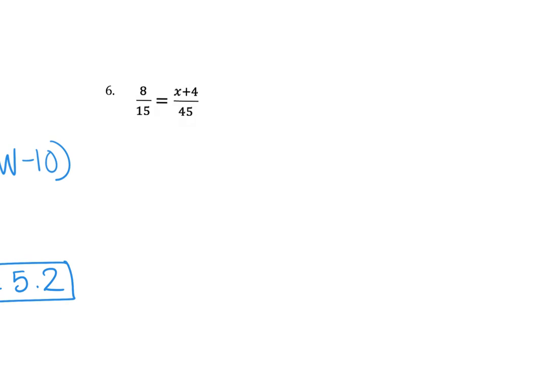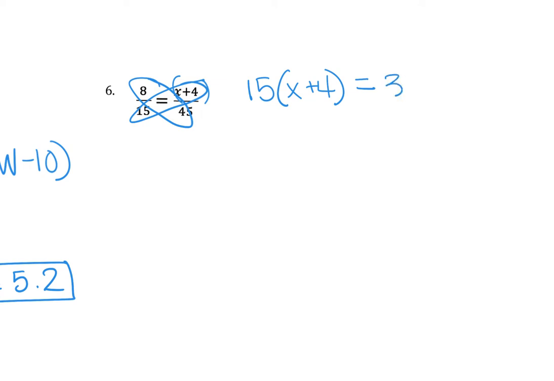All right, in our last one, we have 8 all over 16 is equal to x plus 4 all over 45. We're going to use the cross products property again. So I'm going to have 16 times, remember that's got the parentheses around it, x plus 4 is equal to, then we can take 8 times 45, and you will get 360. Now notice I need to simplify by distributing here. So I'll have 15x, and then 15 times 4 gives us 60, plus 60 is equal to 360.